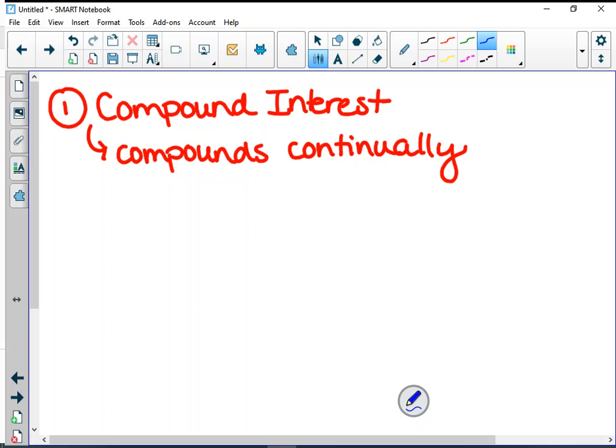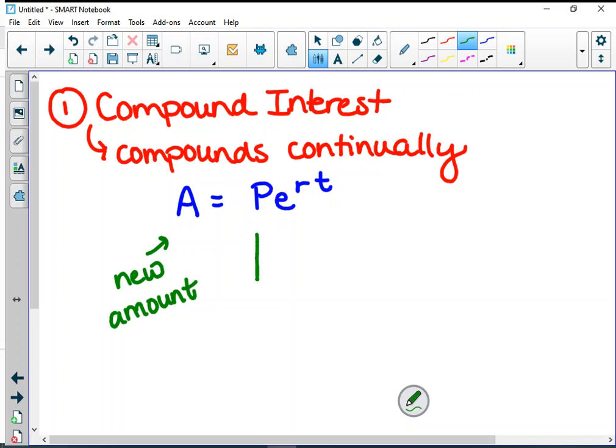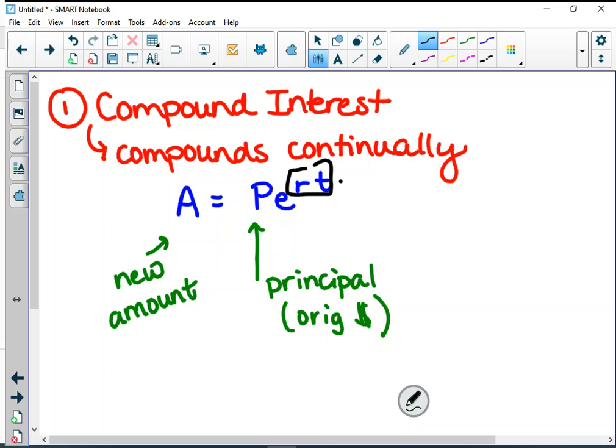And so when we look at calculating compound interest, the new total amount that we have after a certain period of time, we can calculate from the original money, or principal, times e to the rt. r is the rate at which the interest is being accumulated, often given to us as a percent, and we're going to work with it as a decimal.